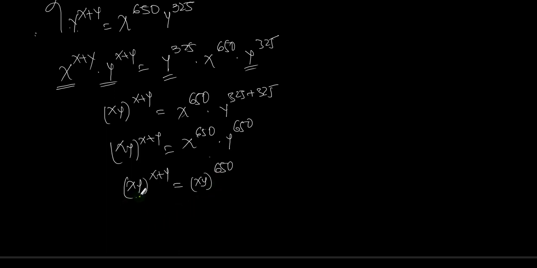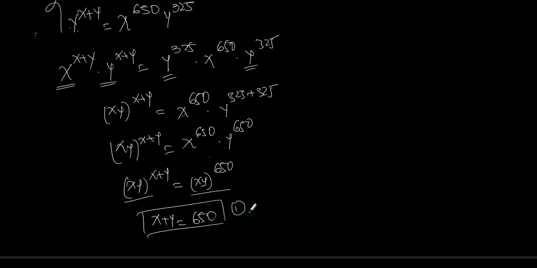So now we see that the bases are the same and the powers are different. This is an exponential equation, so we have that x plus y is equal to 650. Let's say this is equation 1.